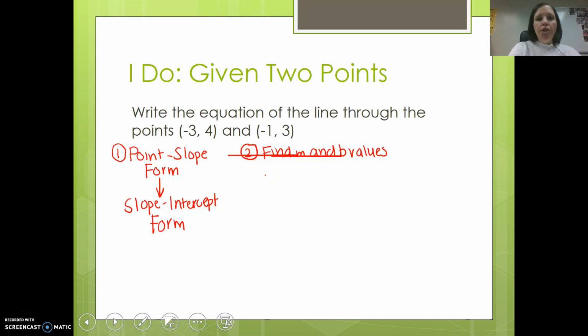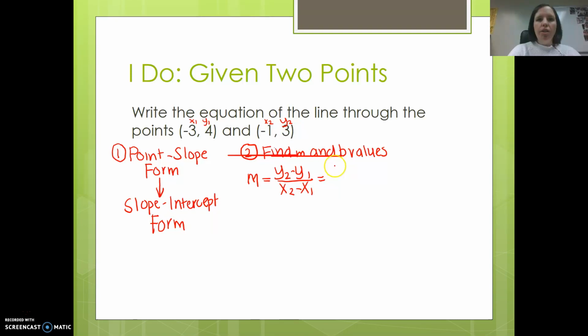So the first thing that's easiest to find when you have 2 points is your slope value. Your slope is equal to, and I'm going to use the slope formula, y2 minus y1 over x2 minus x1. I'm just going to name these x1 and y1, x2 and y2.